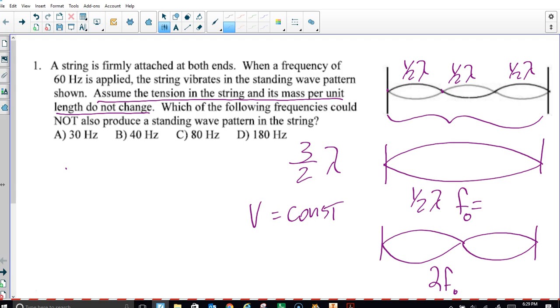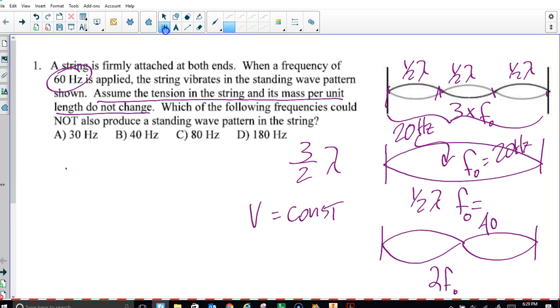Wait a second. That must mean that this represents 3 times that fundamental frequency. But they tell us that that's 60 hertz. That means in order to get a new section, you have to increase the frequency by 20 hertz, because that must be the fundamental frequency. So this, for example, the frequency would be 20 hertz.